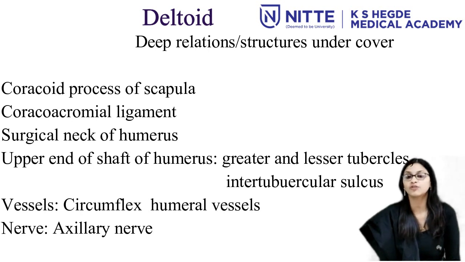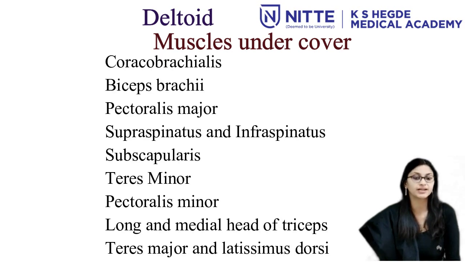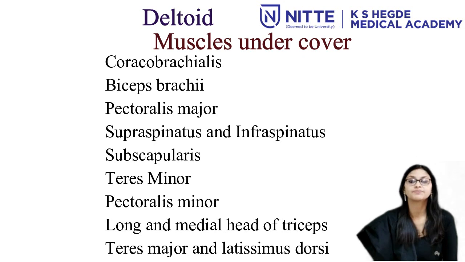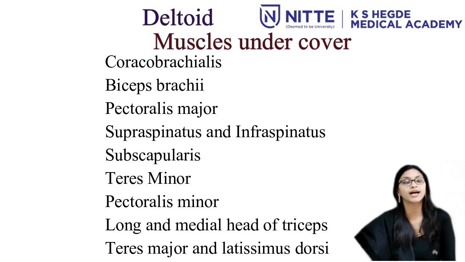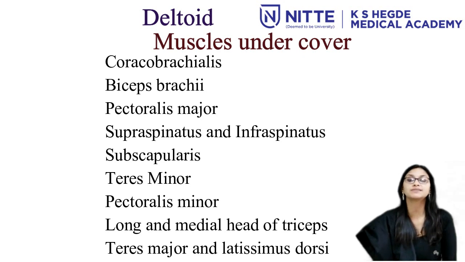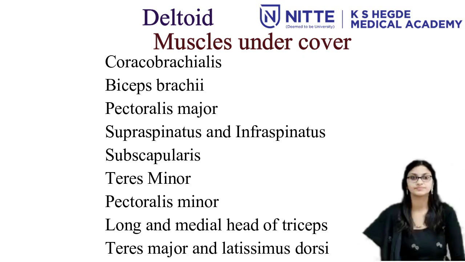The nerve under cover of deltoid is the axillary nerve. Muscles under cover of deltoid include the coracobrachialis, the biceps brachii, the pectoralis major muscle, supraspinatus, teres minor, pectoralis minor, long and medial head of triceps, teres major and latissimus dorsi muscles. The bursa under cover of the deltoid is the subacromial bursa and the rotator cuff of the shoulder joint.